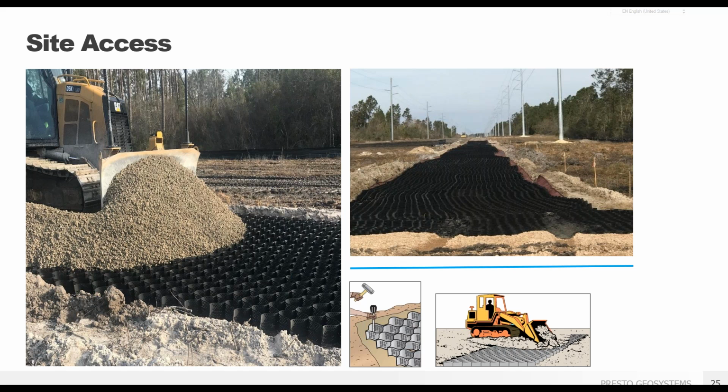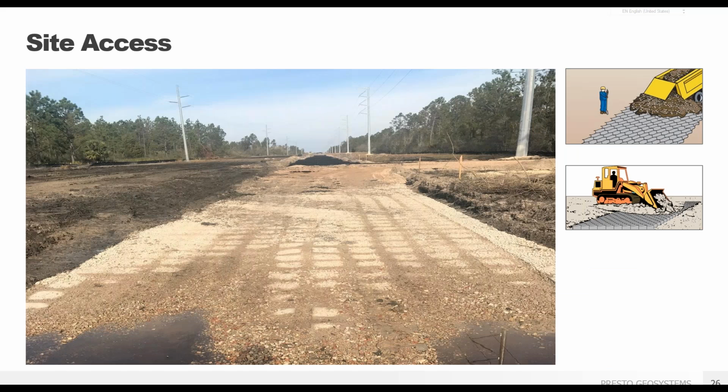The GeoWeb panels were filled with a low-quality aggregate that could easily be sourced and transported to the remote locations for this project. Once the panels are filled in, both wheeled and tracked equipment can drive over the systems easily, even when the infill material is sand or other low-quality stone.